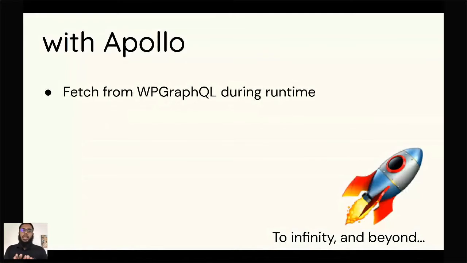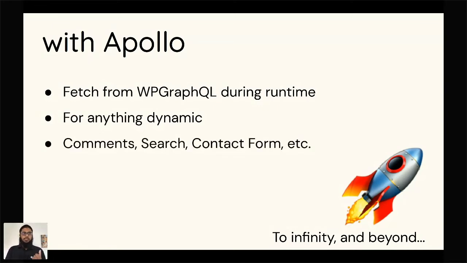As I explained earlier, if you just use WP GraphQL without Apollo, you would do everything statically, so it will all be done before the site is actually deployed. Now with Apollo, during the site runtime, while a user is visiting the site, it will fetch data. It is used for anything dynamic that we discussed in the previous slide, like comments and search.